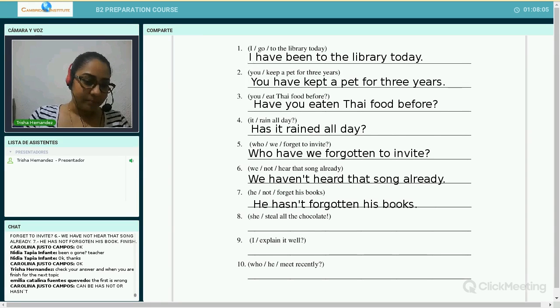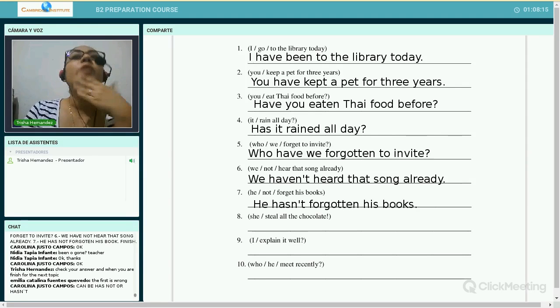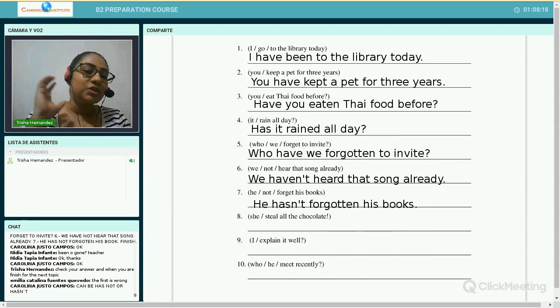Oh, okay. But remember that in the present perfect, in this case, we're not going to change the verb because it's correct. Remember, it depends on the use. Okay?